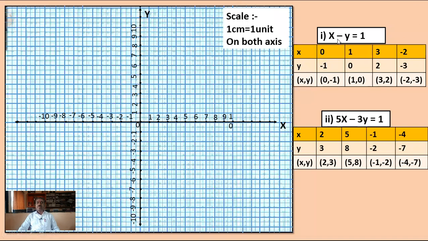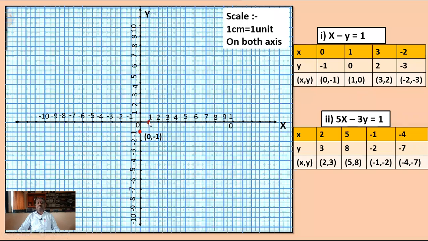For the first equation, x minus y is equal to 1, we plot all the coordinate points. First, 0 minus 1. This coordinate point lies on the y-axis. Second coordinate point 1 0: x coordinate is 1 and y coordinate is 0. This point is plotted on the x-axis.